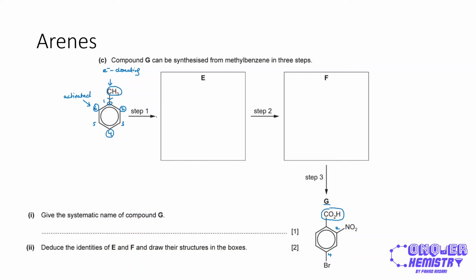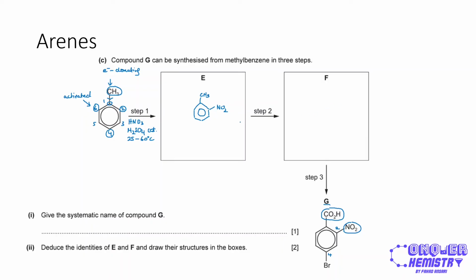So in the first step, let's say I go with this NO2 substituent, and this comes from nitric acid, and we need sulfuric acid catalyst for this, and a temperature of 25 to 60 degrees Celsius. And so what will happen is that position 1 obviously already has the methyl group, which is CH3. Position 2 is now going to get the nitro group, which is NO2.